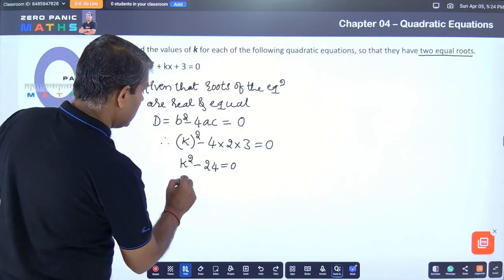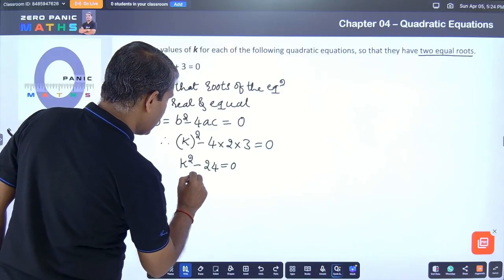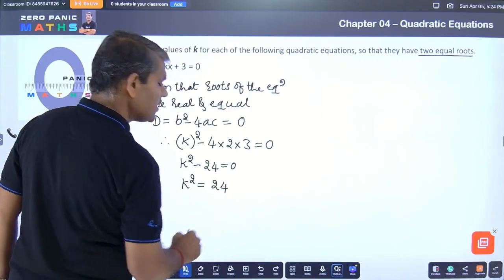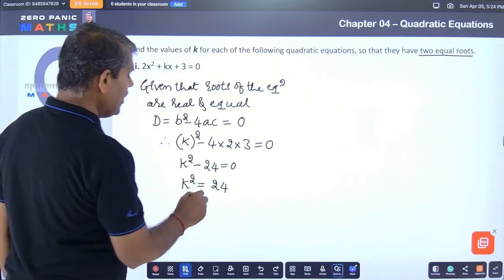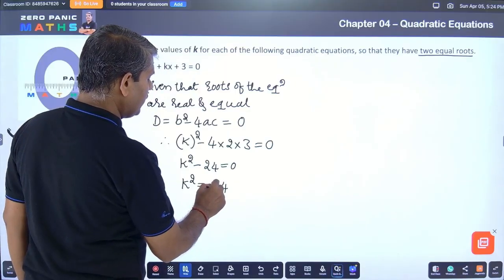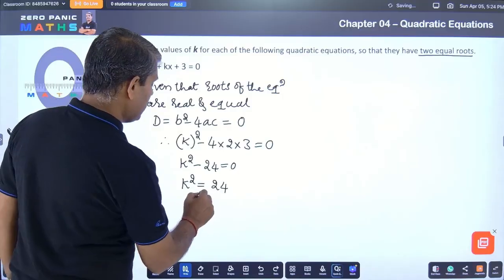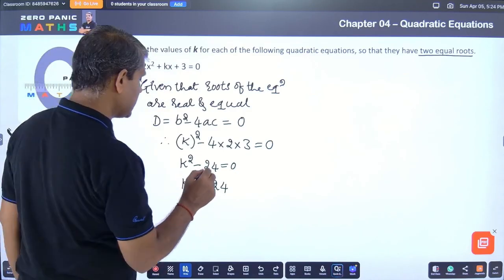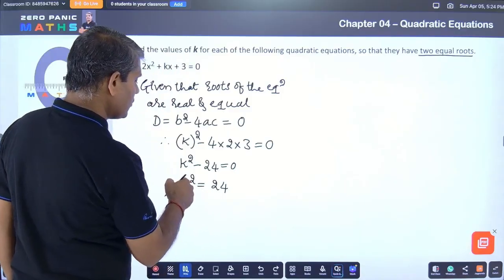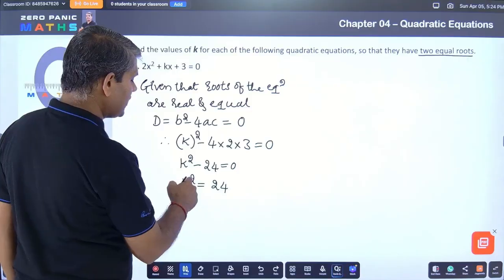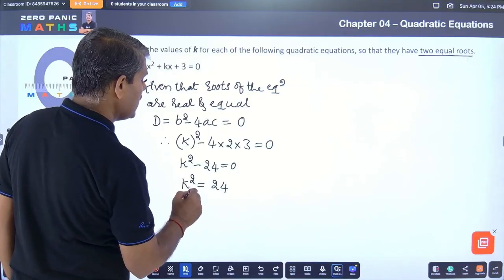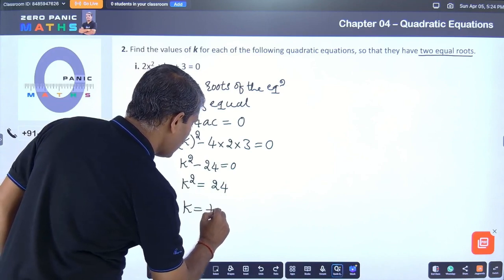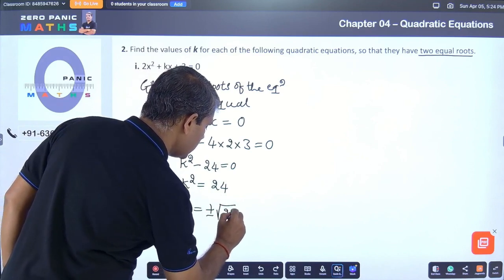Right. Then what is k square? K square is equal to 24. Now, let me write 24 as 4 multiplied by 6, because I'm going to transfer this square to that side. Or else I can write k is equal to plus or minus square root of 24.